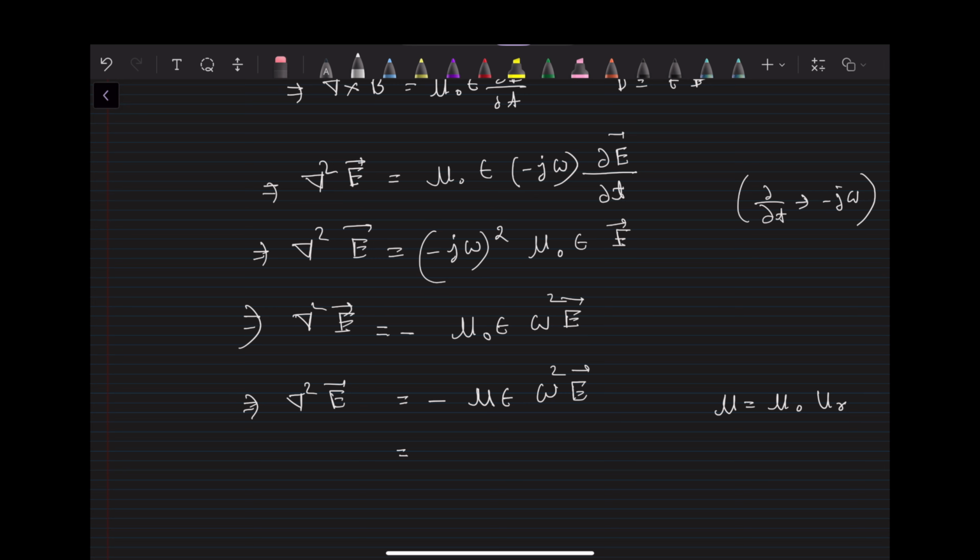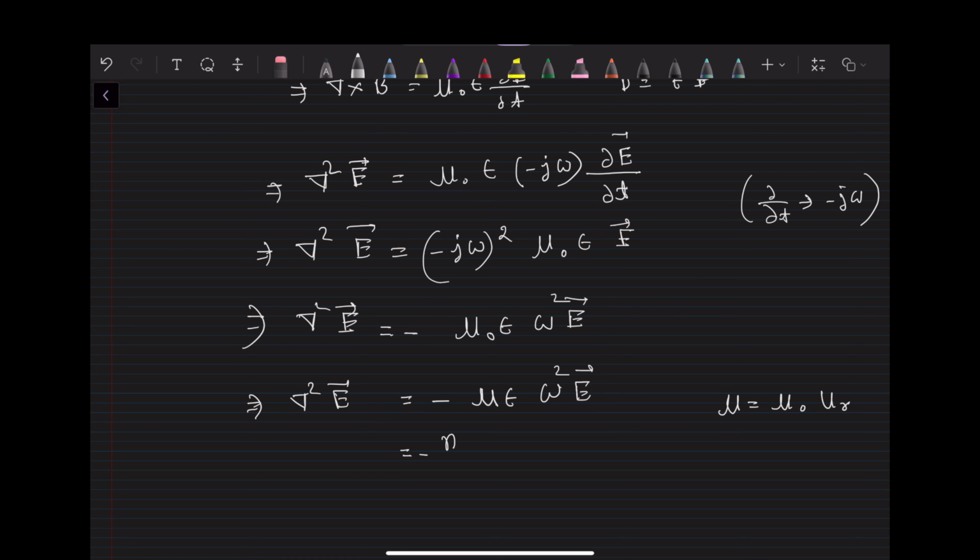Then this is nothing but 1 by V, or in terms of refractive index, because V is, right, so we are writing in terms of V, and again we are writing V in terms of refractive index.